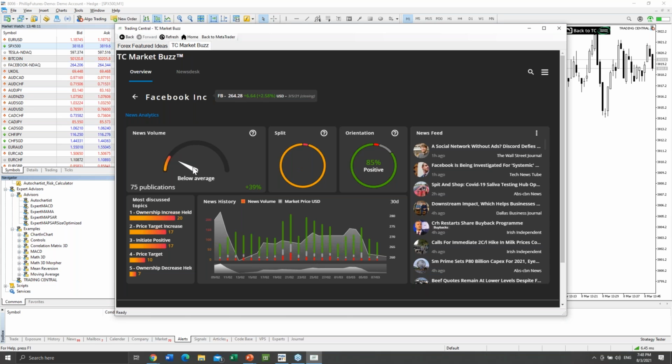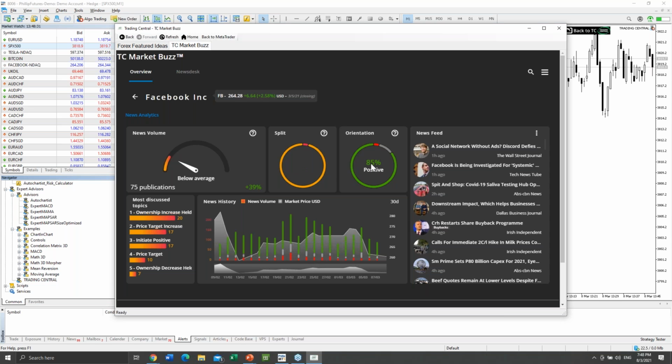So over here you can see immediately in the 75 publications, there is a 39% increase over a 4-hour period. What this means is that there are 39% more publications as compared to the previous week. So the split is like 96% news and 4% social media.